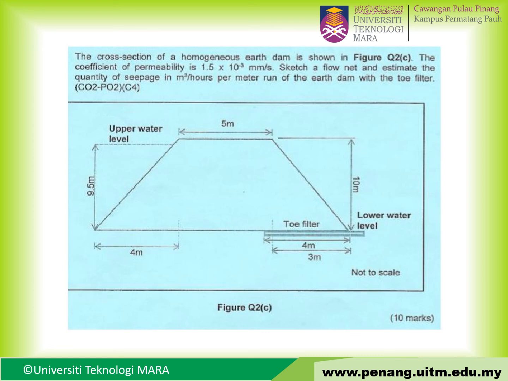For the earth dam we have with filter and without filter. What you are going to do is refer to the previous lecture on how to draw and do the solution, how to sketch the flow nets and estimate the quantity of seepage.